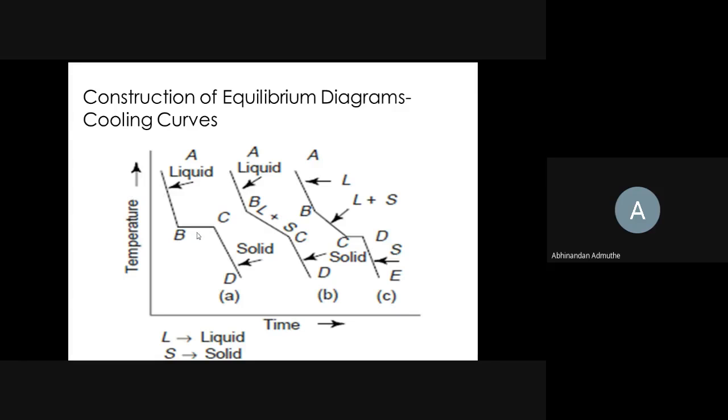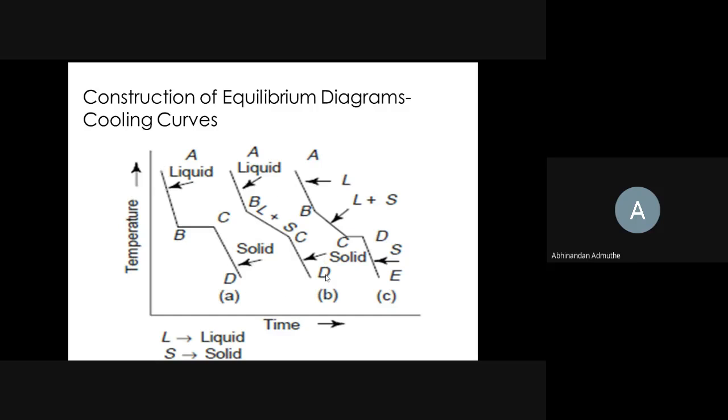In between these two, it is a liquid plus solid portion, meaning at a constant temperature the alloy has solidified into solid state. So B to C is the region in which your alloy continuously solidifies. Remember, in this particular situation, the system has solidified at constant temperature.